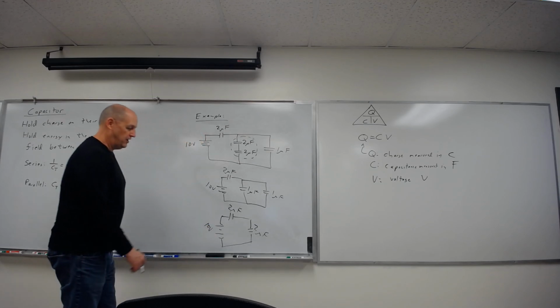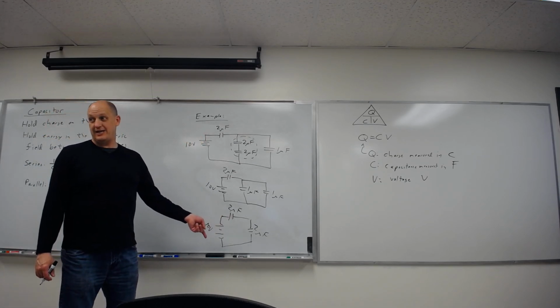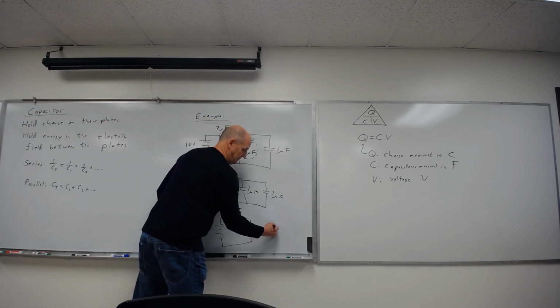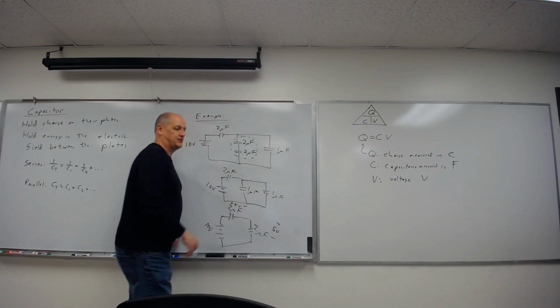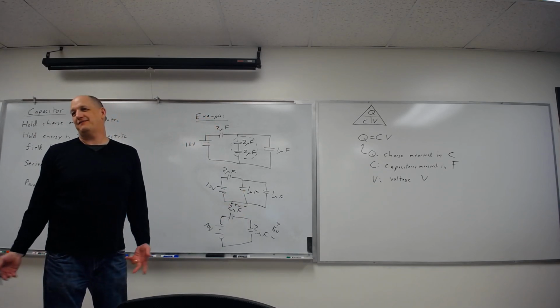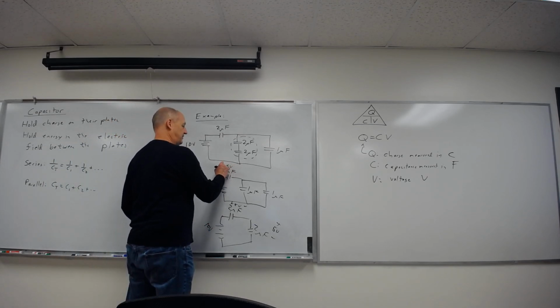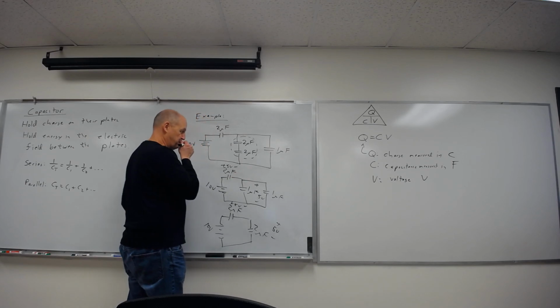So if I wanted to find all the charges on these, I could go back. I gotta tell you, I don't have to do a whole lot of calculation here to look at this and go, those are each 5 volts. I can find the charge. Right, yeah. That means this one is 5 volts. That means it's 5 volts there.